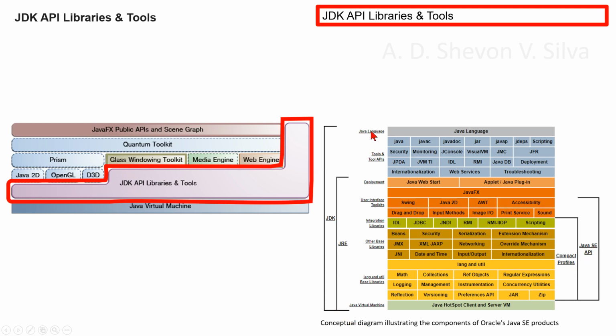In Java languages, you can see Java language, tools and API: javac, javadoc, javap, JDEPS, scripting, security, monitoring, JConsole, Java VM, JMC, JFR, JPDA, JVM TI, IDL, RMI, Java DB, deployment, internationalization, web services, troubleshooting, and deployment: Java Web Start, Applet, Java Plug-in, and JavaFX.